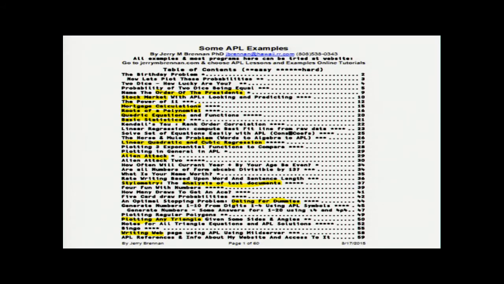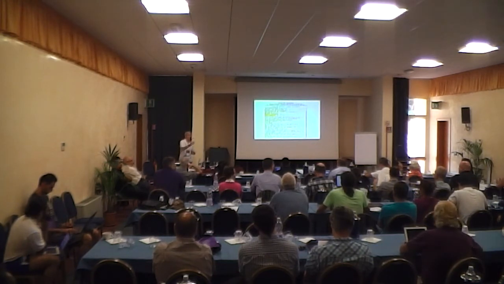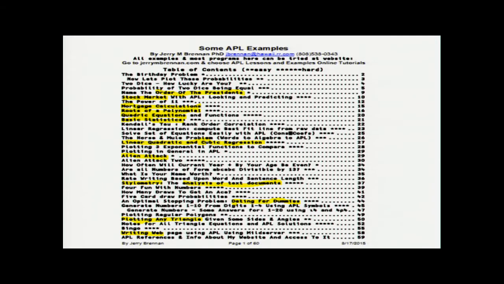I have another thing called stylometry. I'll show you a little bit about that in a minute. How many people know what stylometry is? Hey, there's one. Okay. So it takes text documents and analyzes them. Did Shakespeare write this, or did somebody else? Is this a forgery?